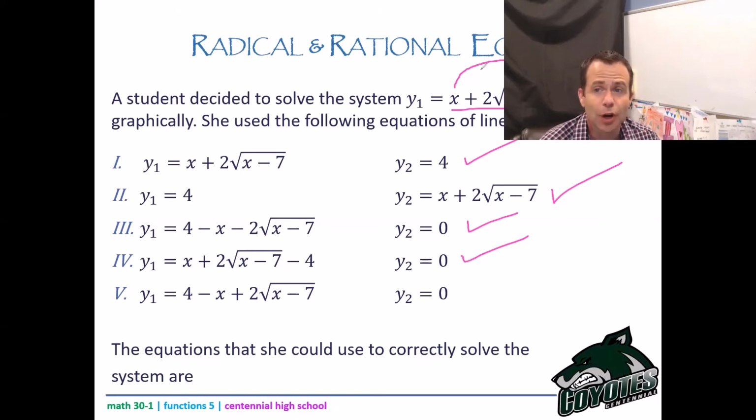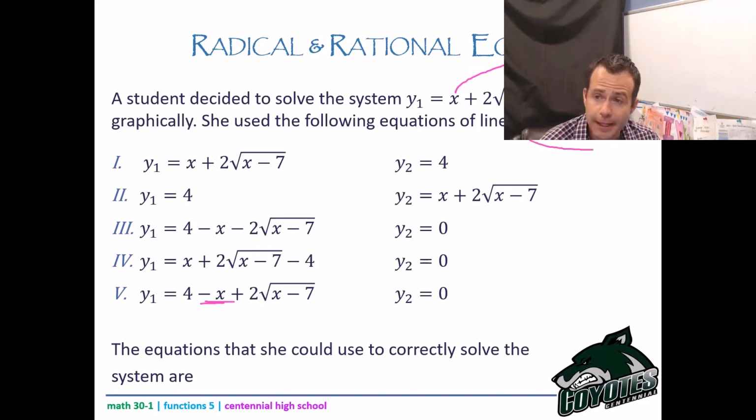That one is not cool to me. And here's why. If there's a negative x here, that means she started with that 4, she brought the x over, so that would be negative x, that's cool. But then she would have had to bring that other term over, so it also should have been negative, and it's positive right now. So it does not work. 5 is the only one that she couldn't have used to correctly solve that system.